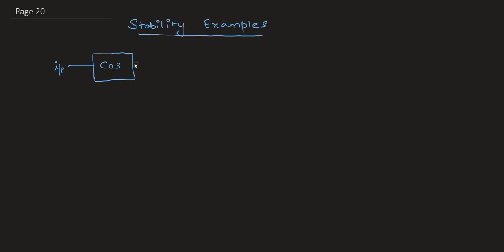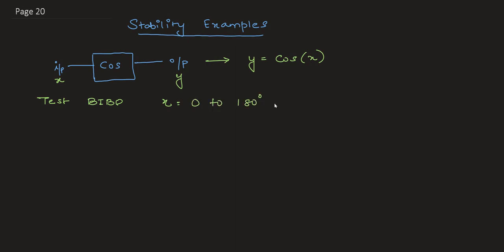So in case of example 1, my system is a cos function. So what it does is it applies cos to the input x. So my system output is given by y is equal to cos x. Now let's test for our BIBO condition, or bounded input, bounded output condition.